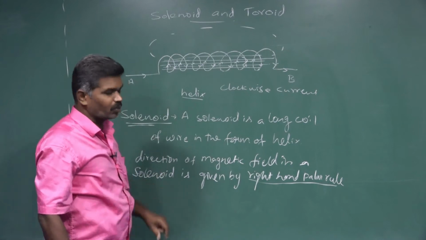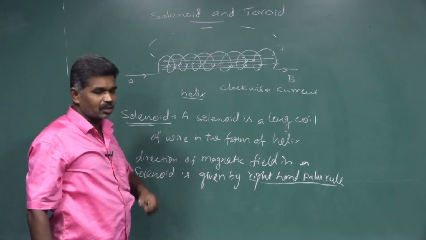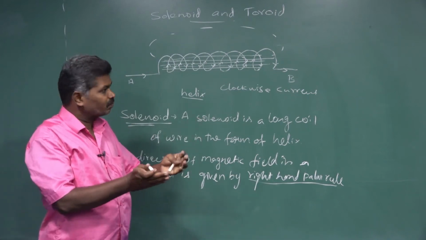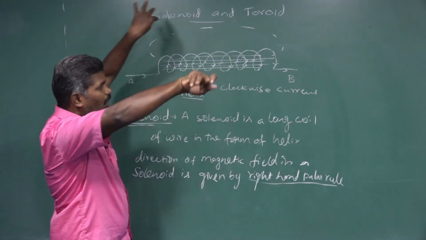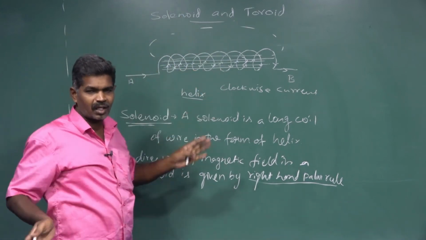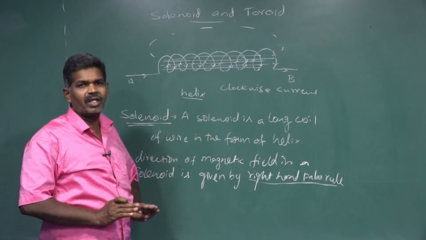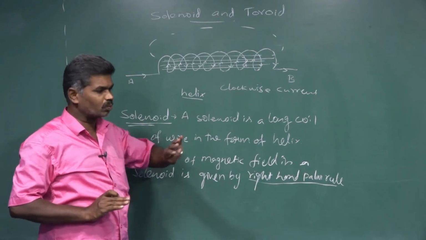Compared to the magnetic field inside the solenoid, the magnetic field outside is negligible, very very small, because the closely spaced lines spread out over a larger region. The gaps between lines are very large, so the magnetic field outside the solenoid is too small.